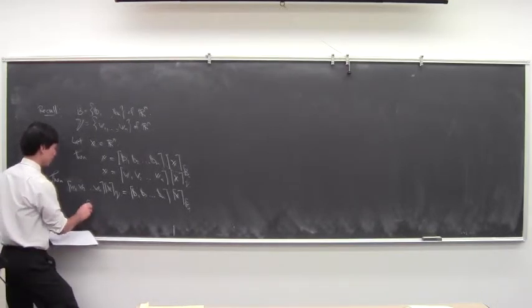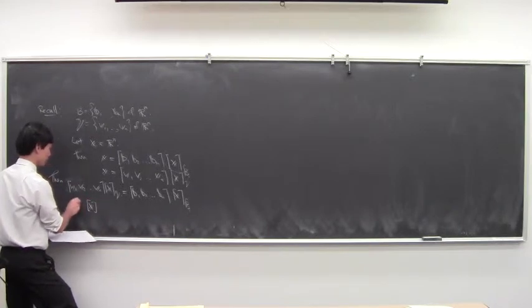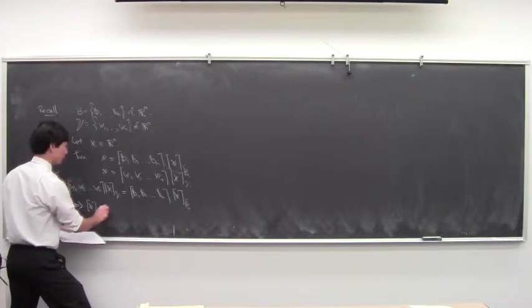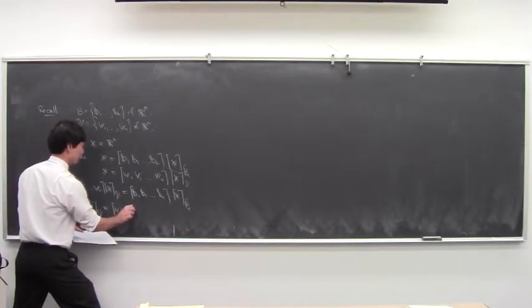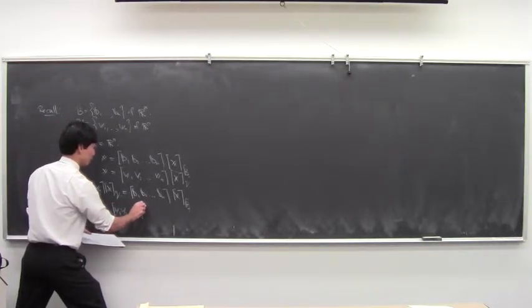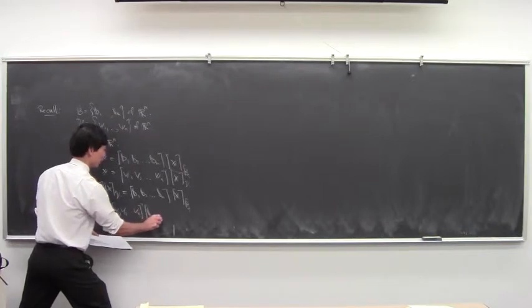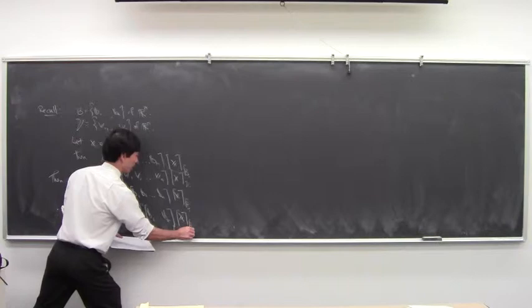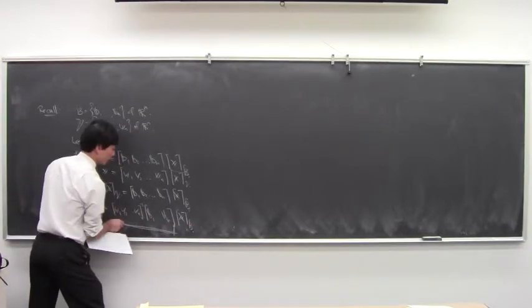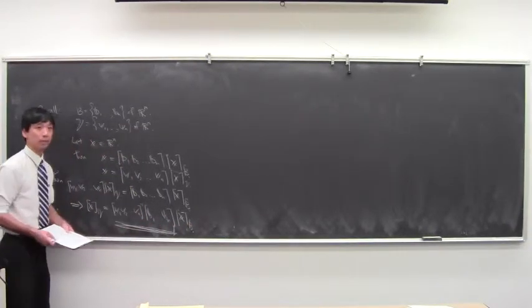So the coordinate vector with respect to V is going to be the inverse of the matrix V1, V2, through Vn, times x_B.